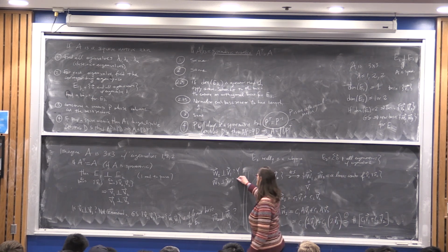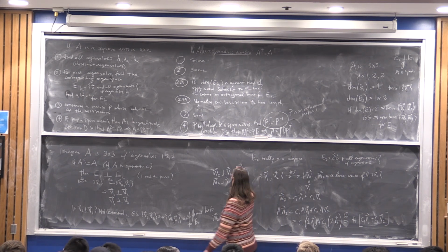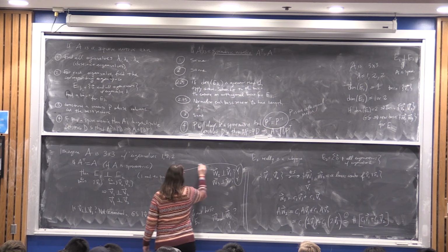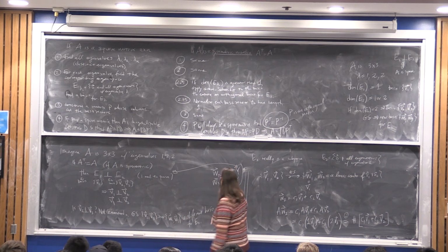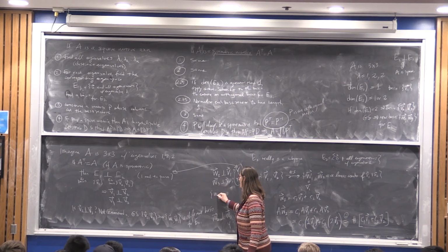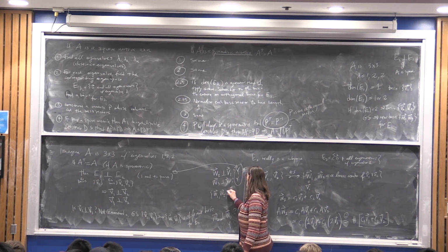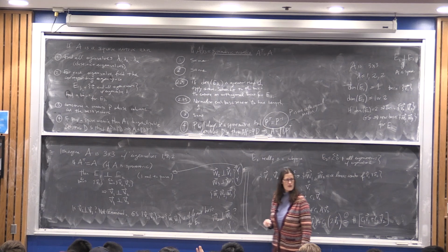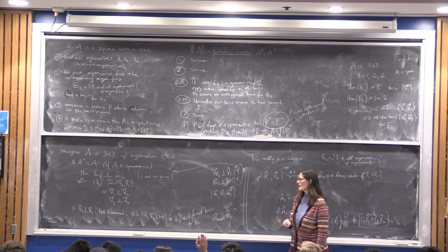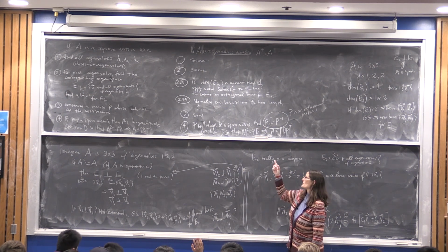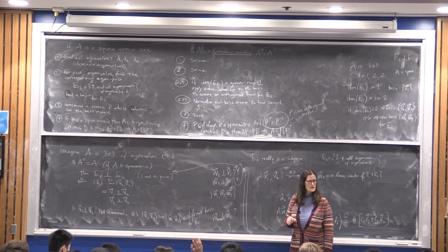But these are going to be yes by the same theorem that I still need to prove. So now I have W1, W2, W3, mutually orthogonal. I can make them unit length, construct the matrix P, and I'm off to the races.